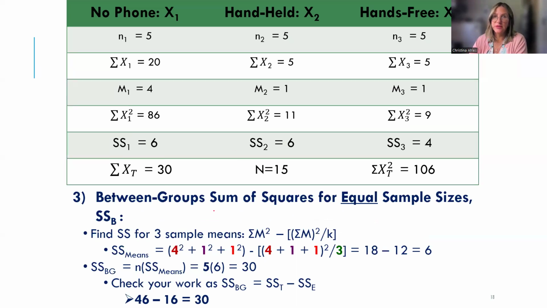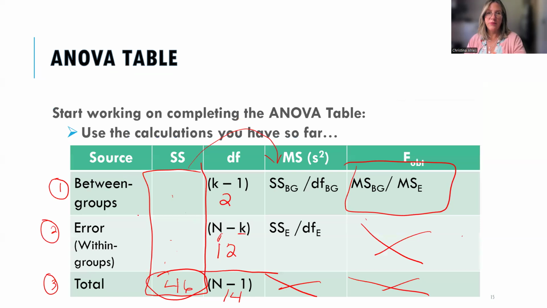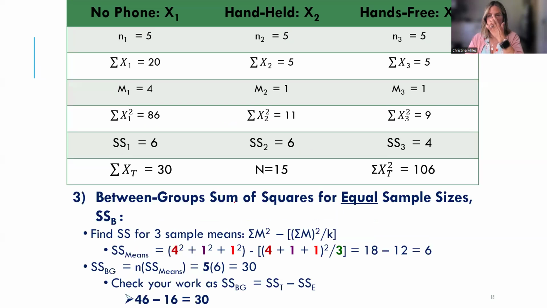Then we need to go to our between groups sums of squares. This within groups or the error, 16, would be right here. I'll put that here. So this was what we calculated. Then we're going to go to the between groups. This is the most different calculation that you're going to have because you're not used to using means.